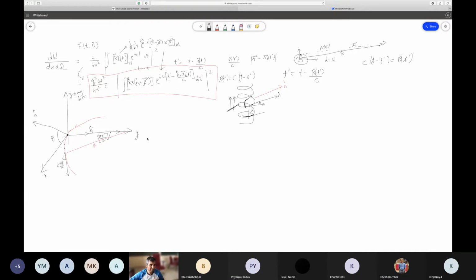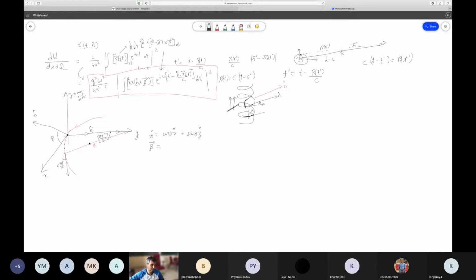Okay, so let's write n hat. Is this clear? This is a little subtle point. You have to think about this on your own. So n hat is equal to cos theta x hat plus sine theta z hat. The n hat is in the xz plane, so this is very simple. What about beta, the velocity?